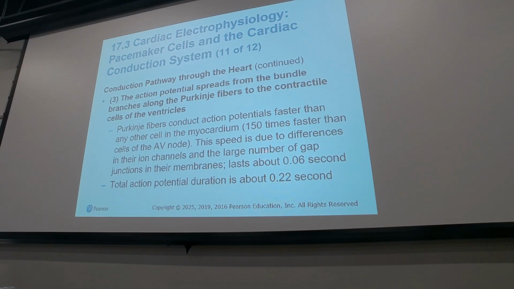These have a larger number of gap junctions in their membranes. That's why they can transfer the action potential much faster. So these last up to 0.06, sorry. So the total action potential duration in the heart is 0.22 seconds.